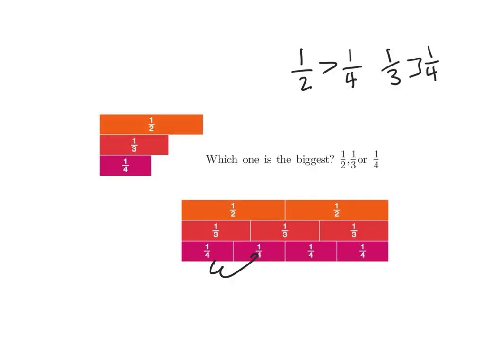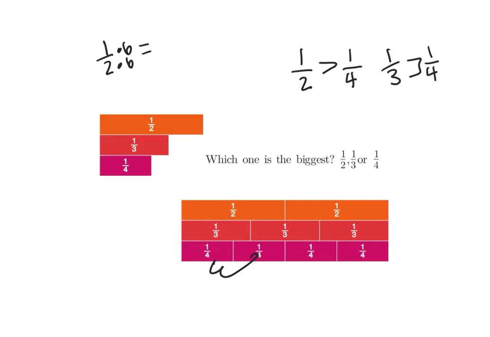A common denominator for 1/3, 1/4, and 1/2 is 12. To get them equal, we take the top number, the numerator, and the bottom number, the denominator, and multiply by whatever number gets us the common denominator of 12.